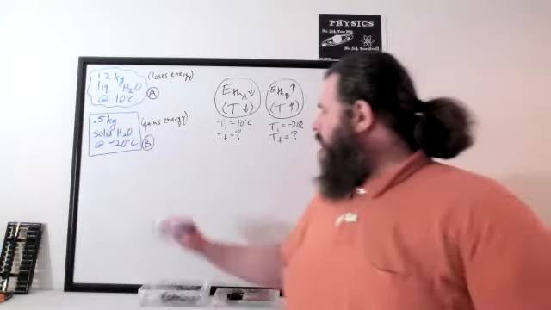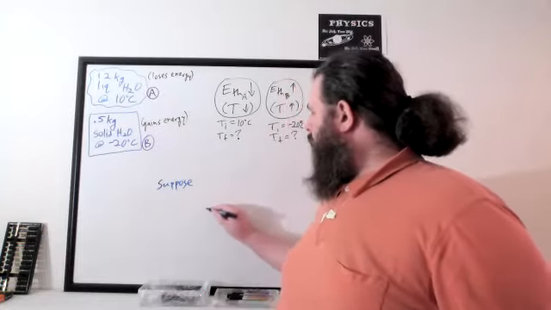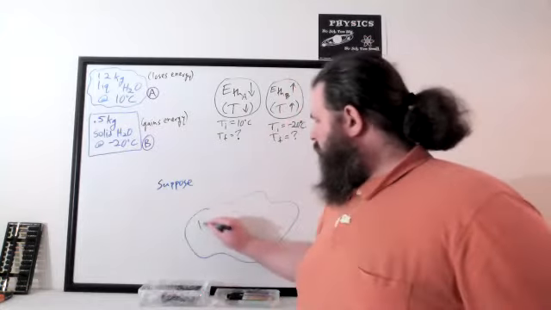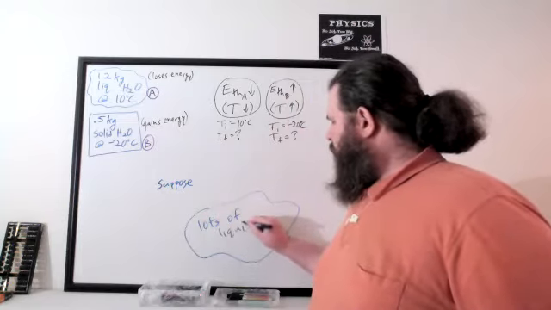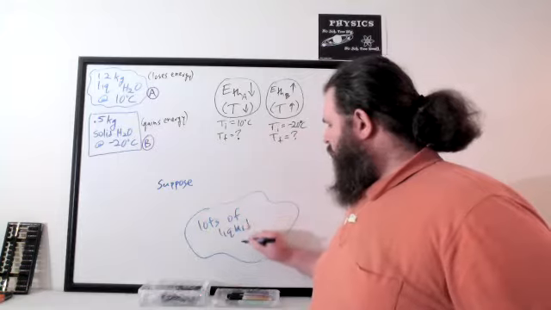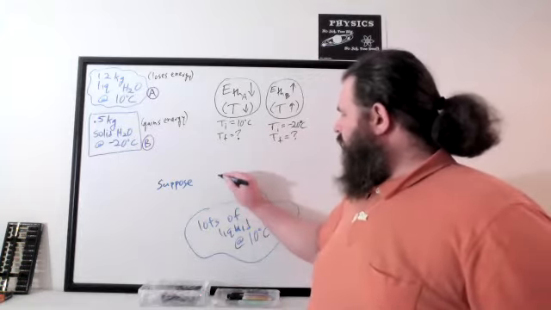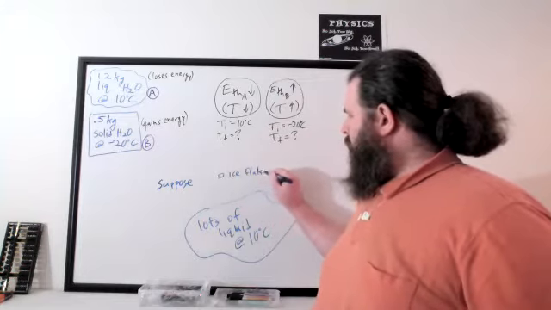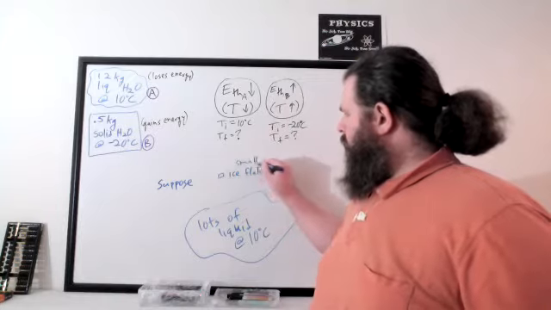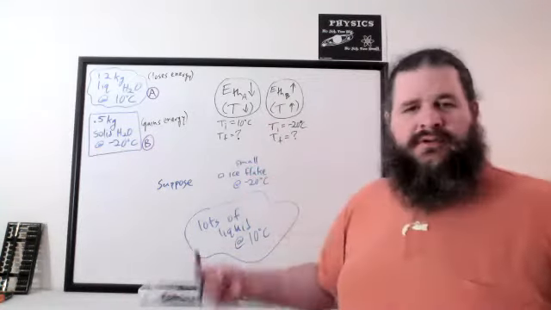Suppose we had lots of liquid water at 10 degrees, and we had just one tiny ice flake at negative 20 degrees, and we drop those into each other.